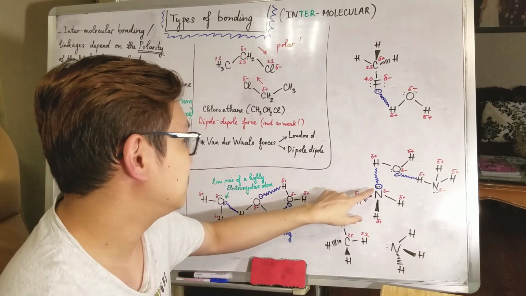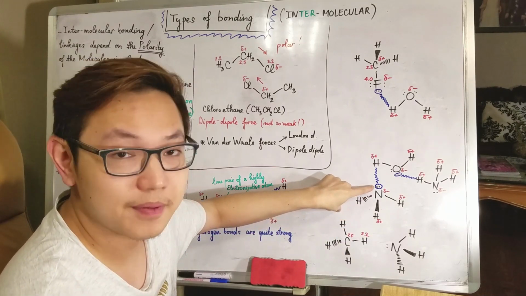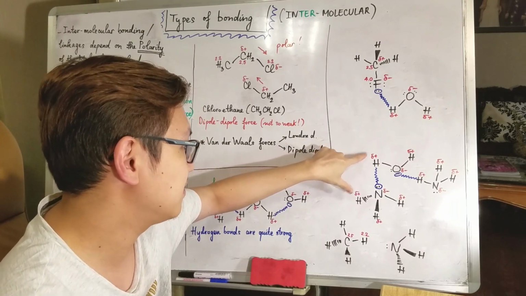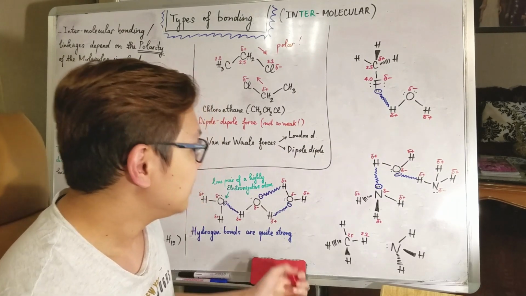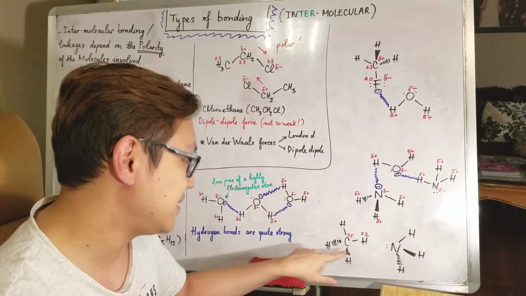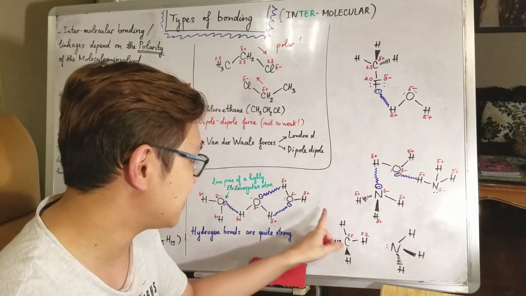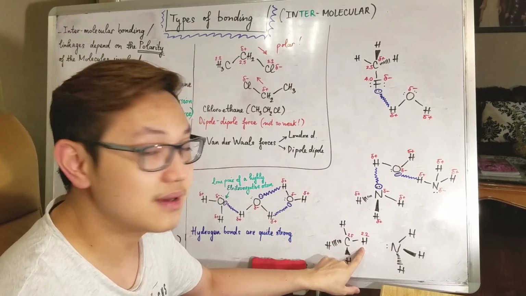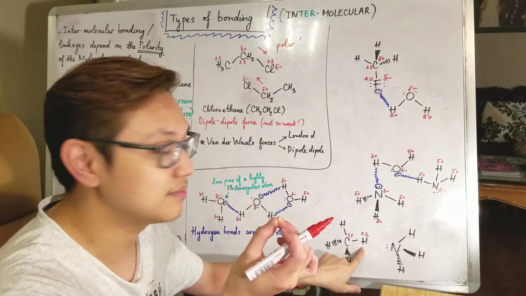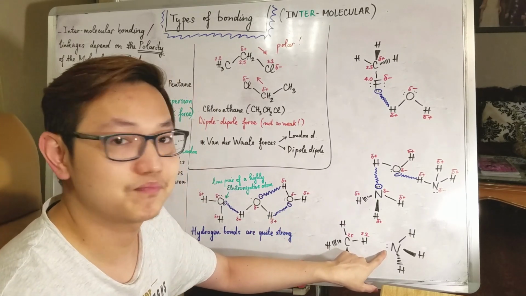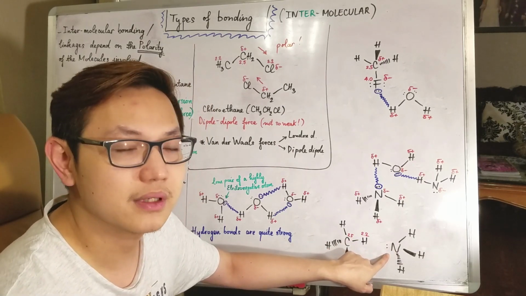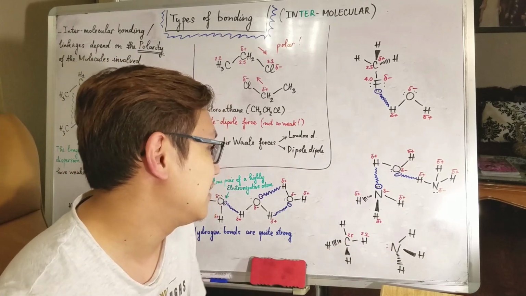Ammonia. This lone pair attracts the hydrogen here, which is partially positive. Remember, if this hydrogen is not partially positive for any reason, because it had donated electrons somewhere, if it's not positive enough, it will not attract the lone pair of these highly electronegative atoms.